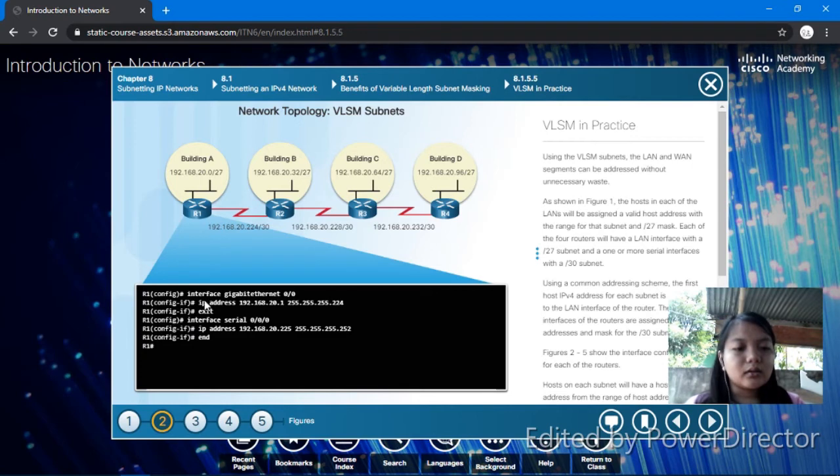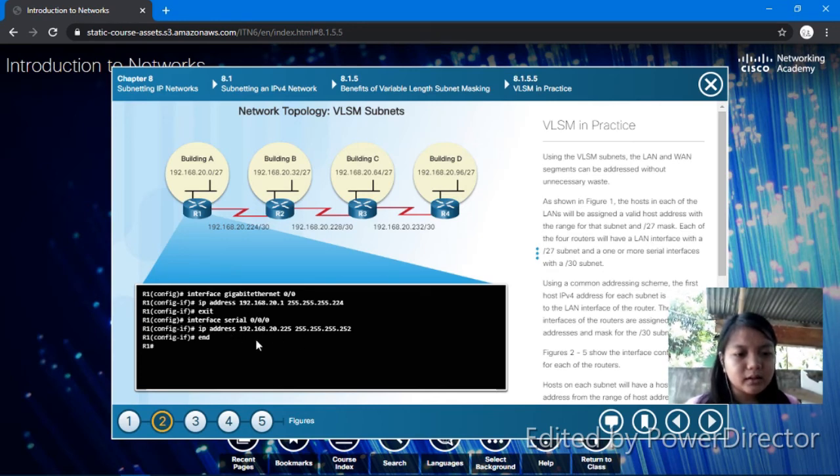Then we will configure the router. They put the IP addresses. First is 0, then 32, 64, and 96. These are the differences of them.